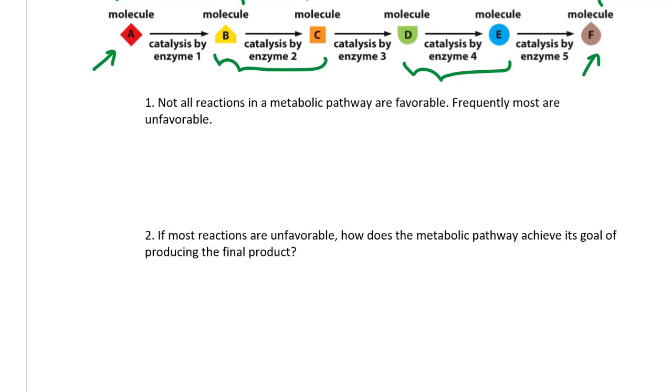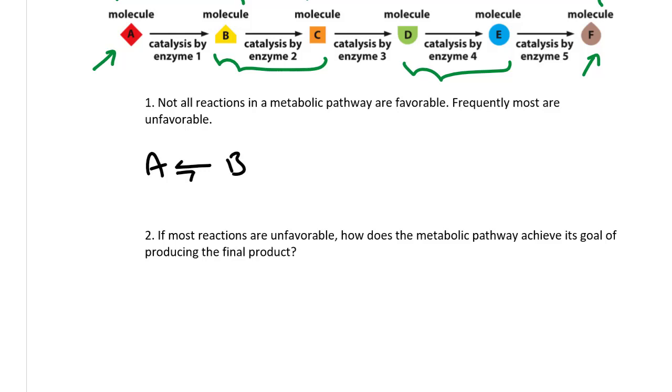Not all reactions in a metabolic pathway are favorable. Frequently, most are unfavorable. So what that is telling you is that, for example, I could have A goes to B, and actually under cellular conditions, cellular concentrations of A and B, and just the favorability of the reaction, its delta G standard, this reaction actually favors the reverse process.